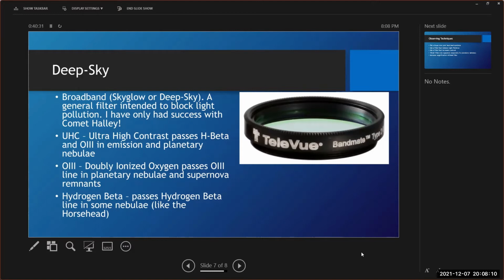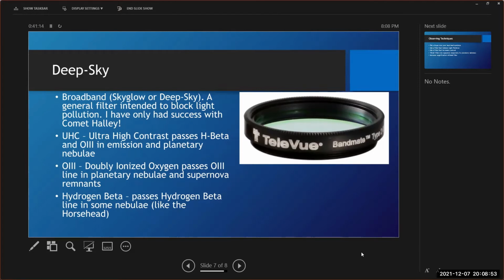It's so old that the statistics on the back are handwritten. It permits the 2 different lines of oxygen 3 and 1 line of hydrogen beta, permitting over 90% at those specific wavelengths and blocking the rest. So if I look at something that I know emits light in oxygen 3, then this is a good possibility to use to see that light and not the sky glow. Does that make sense?